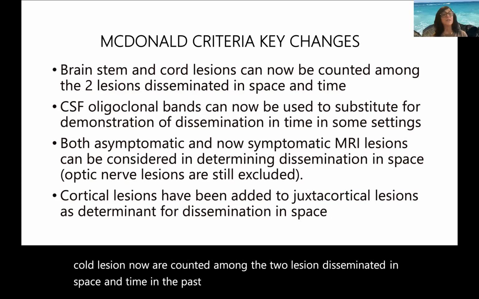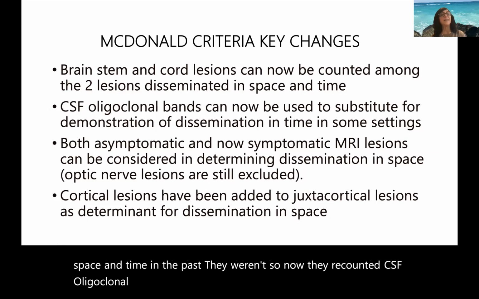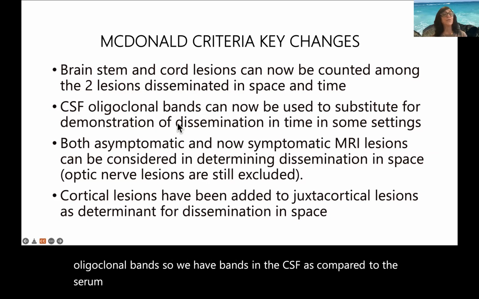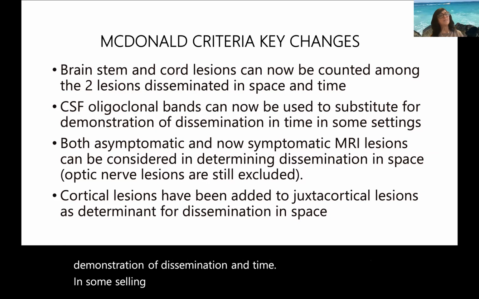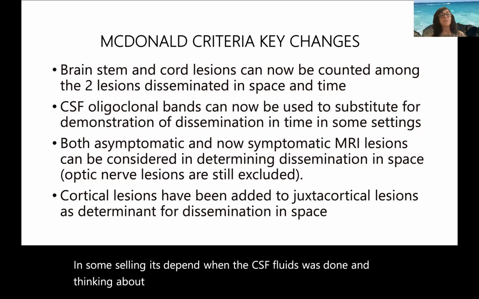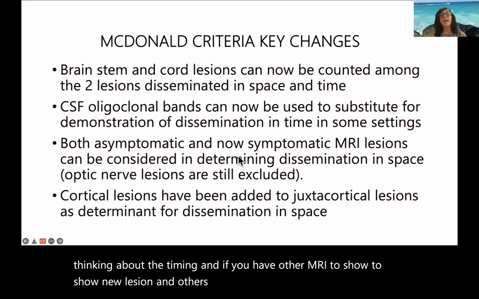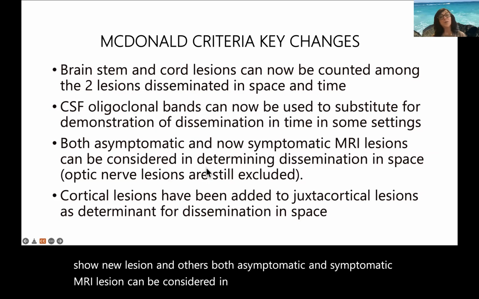CSF oligoclonal bands, if we have bands in the CSF as compared to the serum, can now be used to substitute for demonstration of dissemination in time in some settings. It depends on when the CSF was done, the timing, and whether you have other MRIs to show new lesions. Both asymptomatic and symptomatic MRI lesions can be considered to determine the dissemination in space.